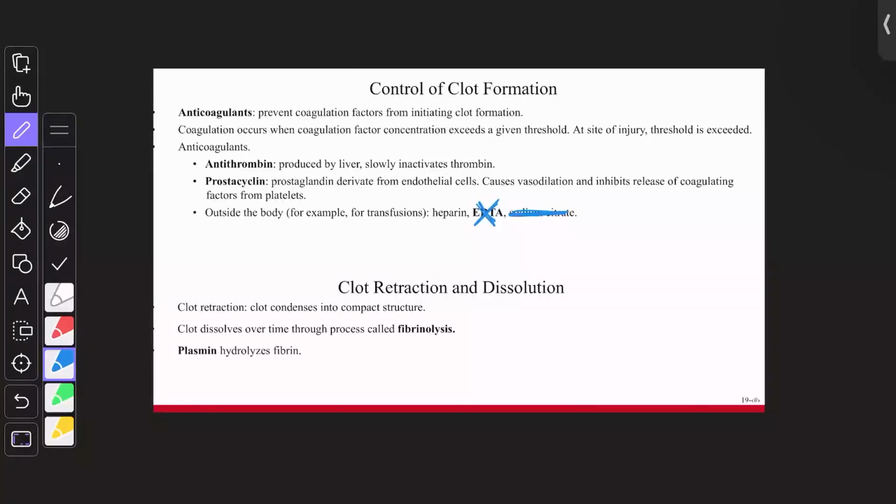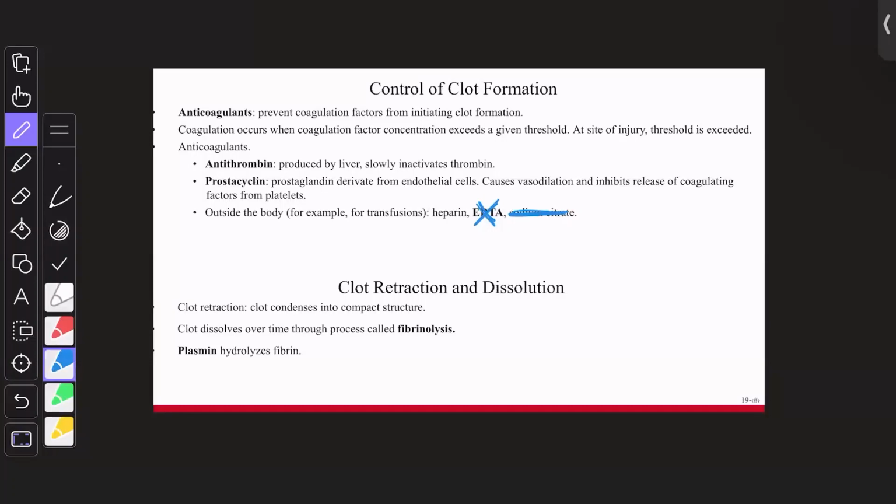Clot retraction, we talked about this briefly. Fibrinolysis undoes fibrin, right? It breaks down fibrin, which is going to help dissolve that clot. Plasmin actually takes that fibrin and hydrolyzes it. What does that mean? Adds water, right?